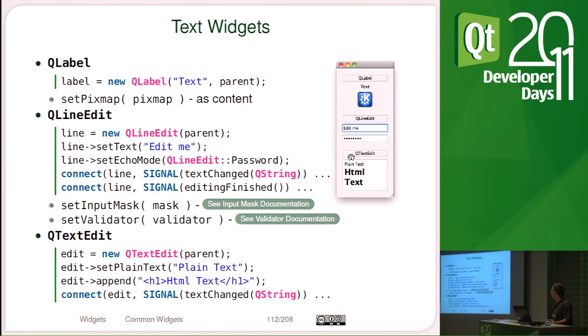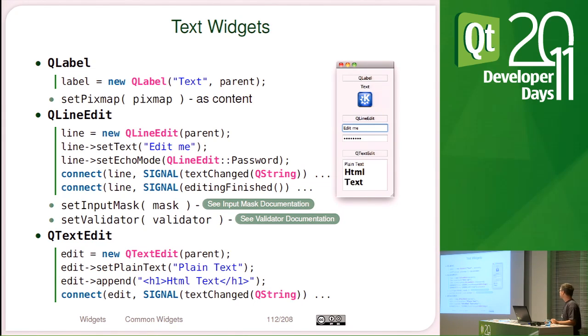And QTextEdit is mainly used if you have larger text or if you would like to show some HTML text. Using different fonts or colors, you can use QTextEdit for that.